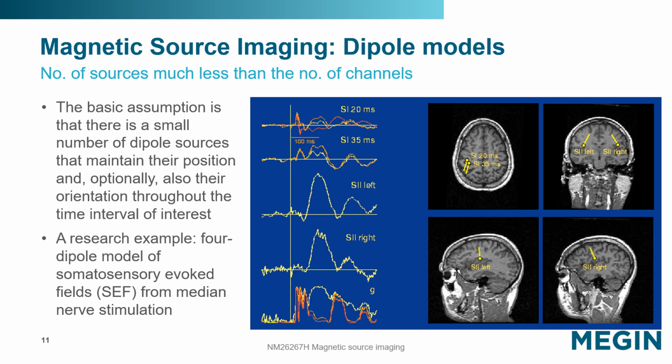Two more dipoles were fit at later latencies, representing the S2 areas on both hemispheres. Finally, all 4 dipoles were applied simultaneously to find their amplitude curves. The orange trace represents the 2-dipole model, and the yellow trace represents the 4-dipole model. The bottom frame shows the goodness of fit, G, which is significantly improved for latencies after the first 40 milliseconds when 4 dipoles are applied instead of 2.